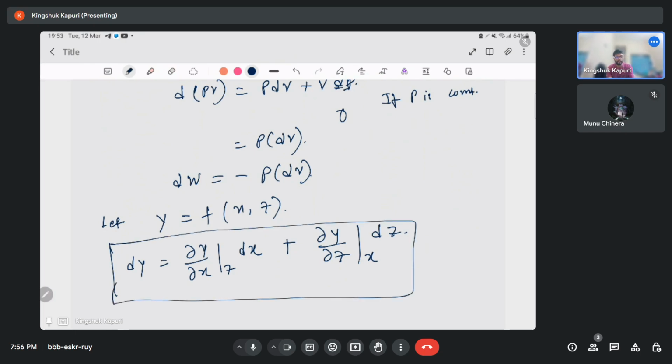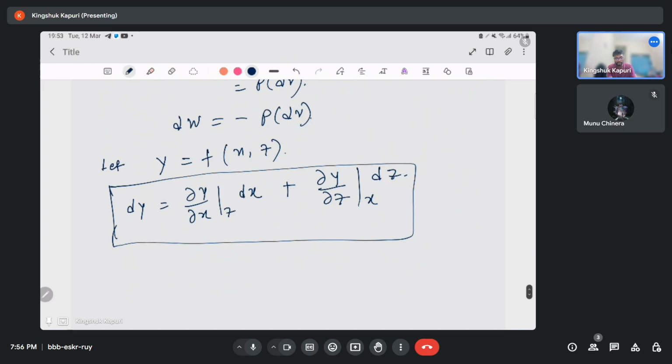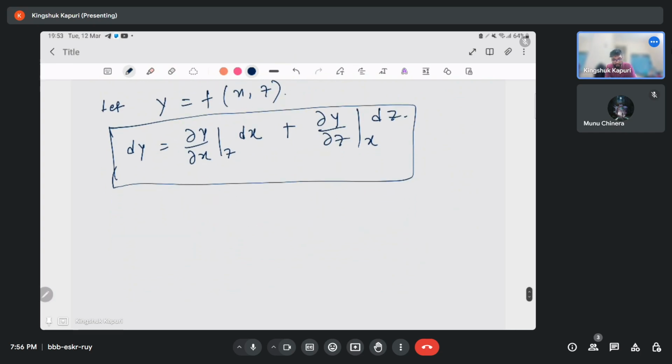We have done this in our partial derivatives or mathematics class, everyone has done this, right? So now, delta y equals del y by del x z dx plus del y by del z x dz, right?